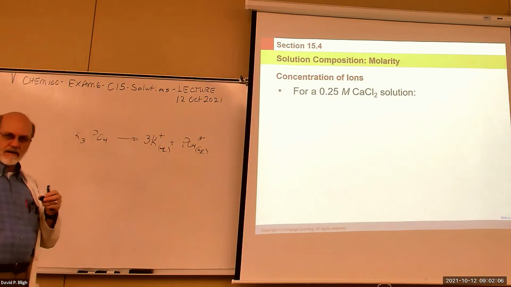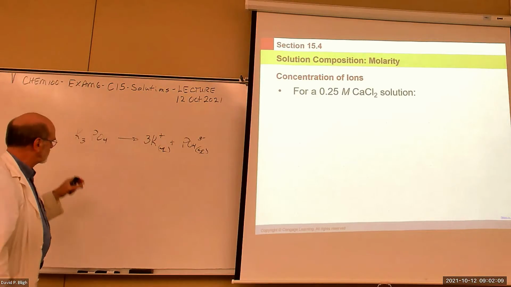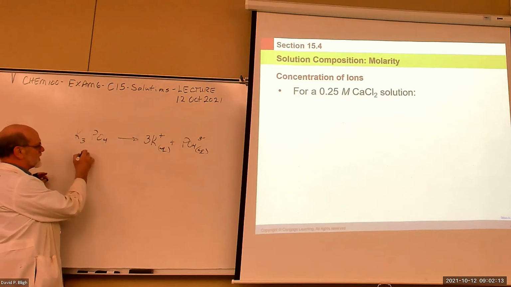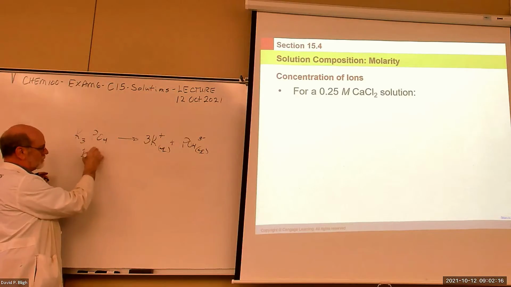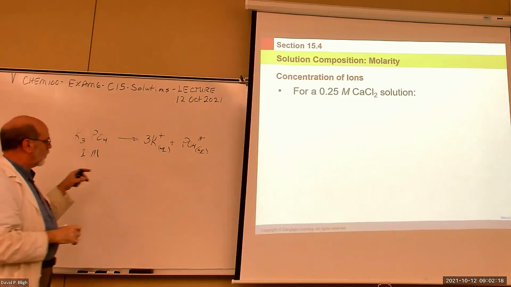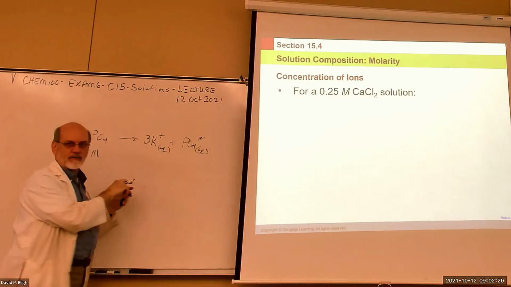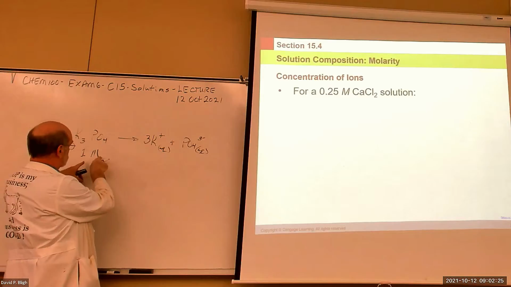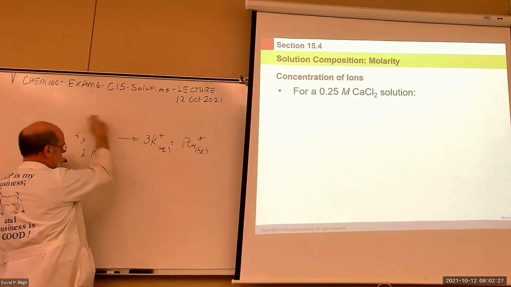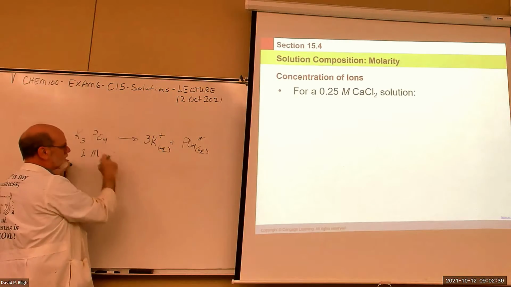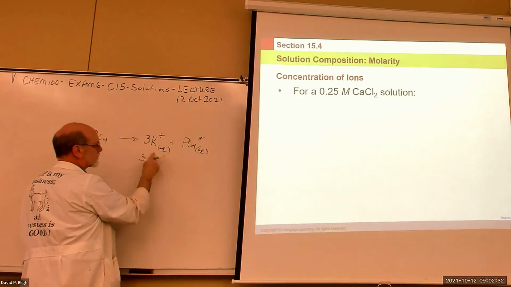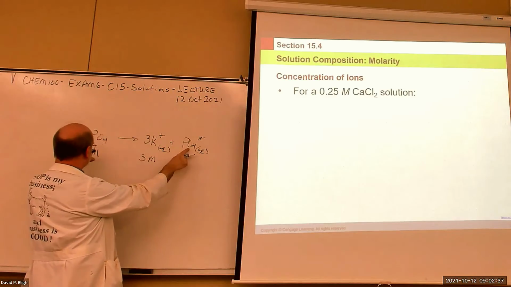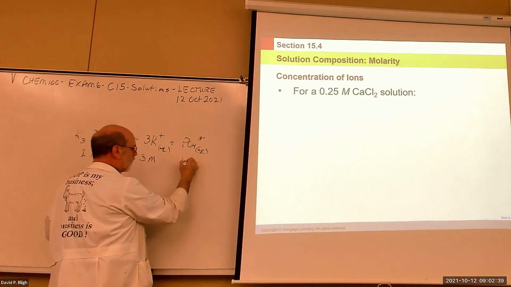Okay. How do we express that? Well, I forget the number, but for argument's sake, let's say this is 1 molar. What would the molarity of potassium ions be? It would be 3 times that, wouldn't it? You're making 3 out of this 1 unit. So 1 molar of that unit gives you 3 molar of potassium ions. But this is 1 for every 1. So this one is still 1 molar.